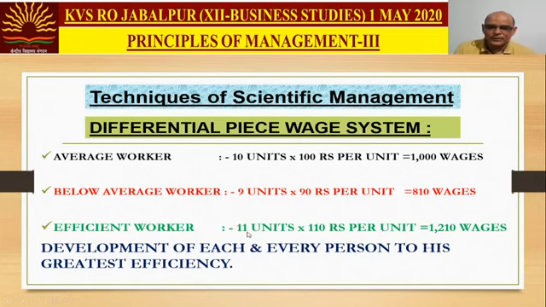So if a worker is producing 11 units, all his units will be paid at a higher rate, and he will get the highest wages, that is 1210 rupees per day. This differential piecewise system was focusing on the development of each and every person to his or her greatest efficiency. In this way, we come to an end of the techniques of scientific management.